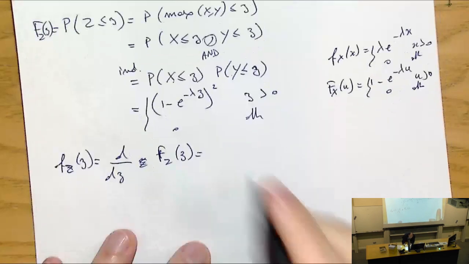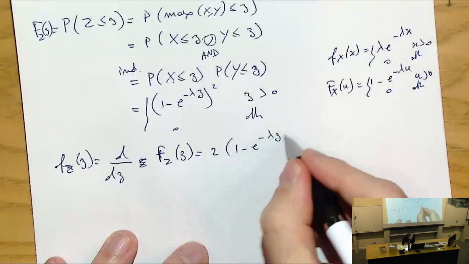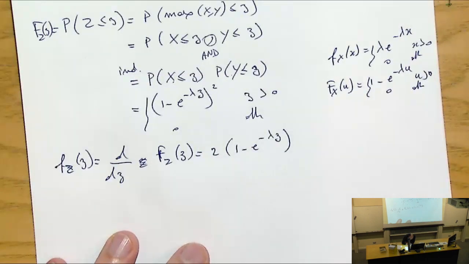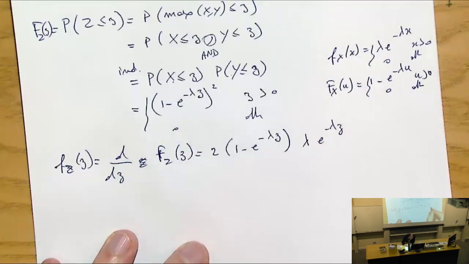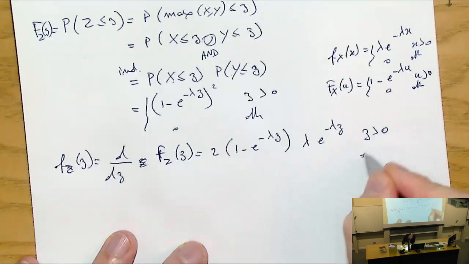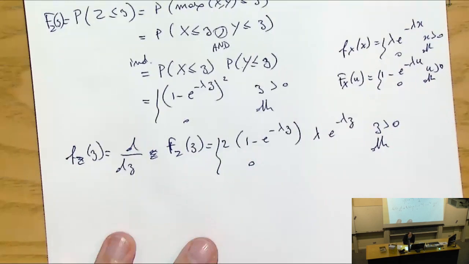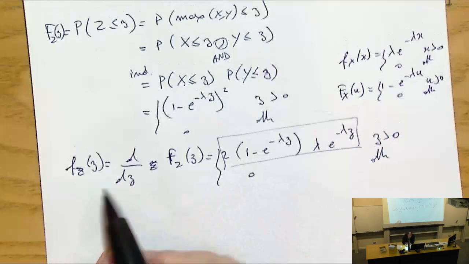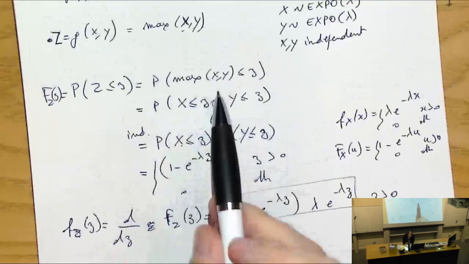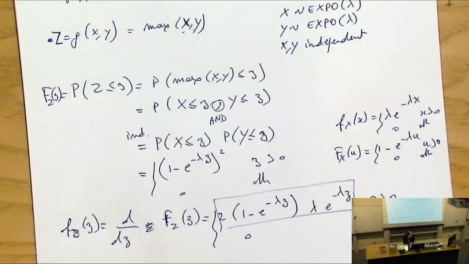And so what we obtain is 1 minus e to the minus lambda z multiplied by the derivative of that function there, lambda e to the minus lambda z, for z positive, otherwise it is 0. Okay, and with this, you essentially obtain the PDF of this new random variable z, that is the maximum between two exponentially distributed random variables. Right?